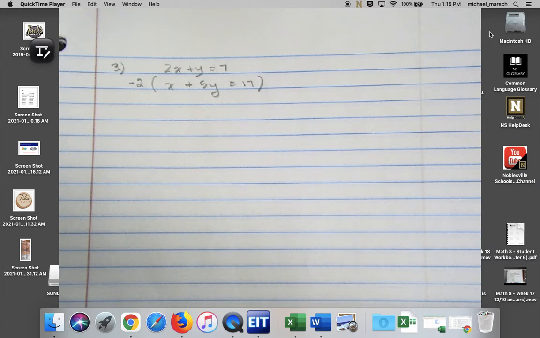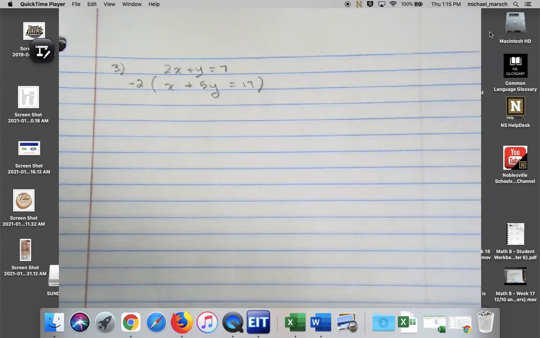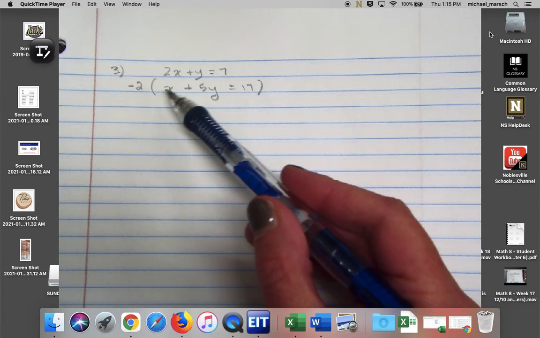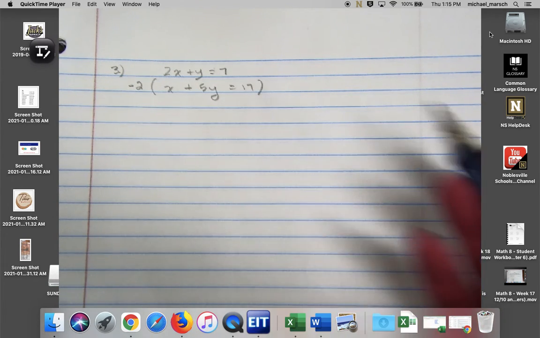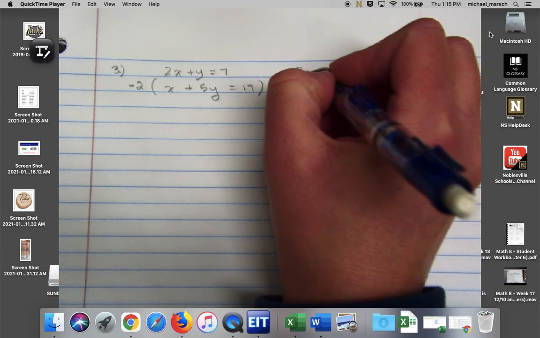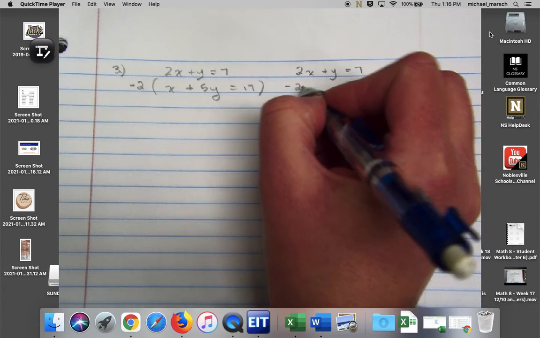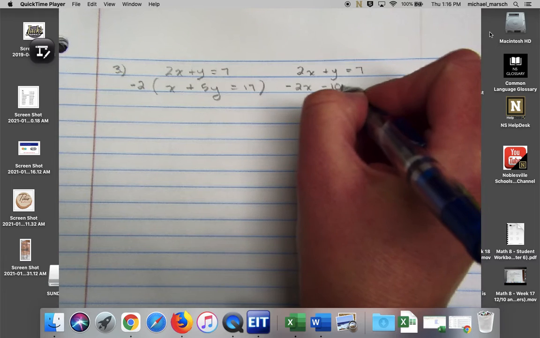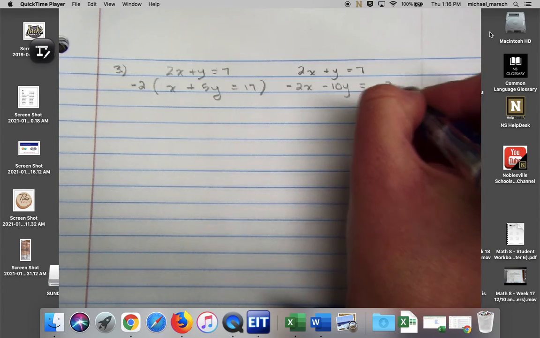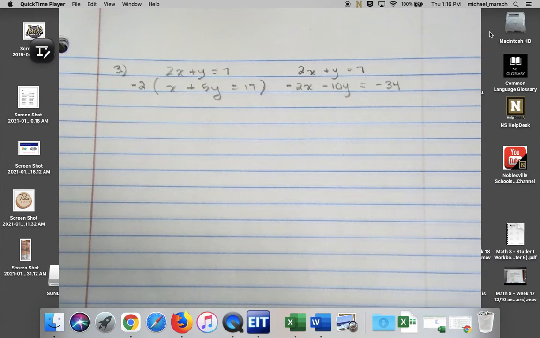It is fun. Okay, so take a look up here. I'm going to multiply this entire equation by negative 2. So my first equation stays the same. My second equation is going to be negative 2x minus 10y equals negative 34.